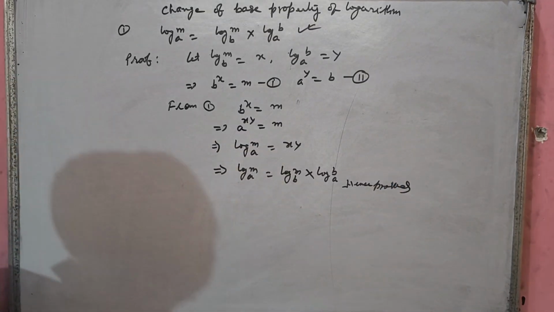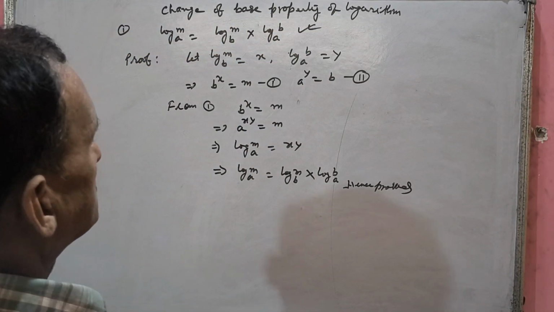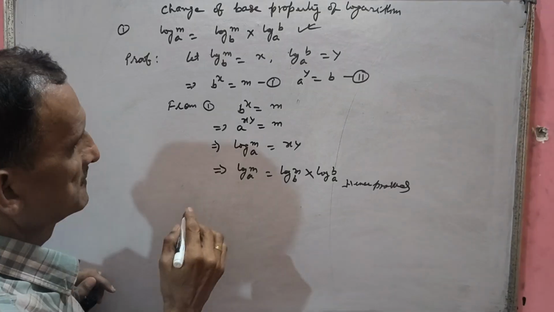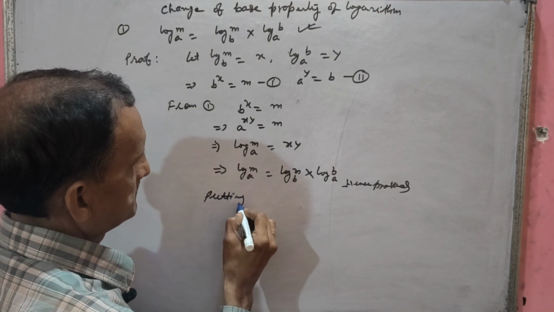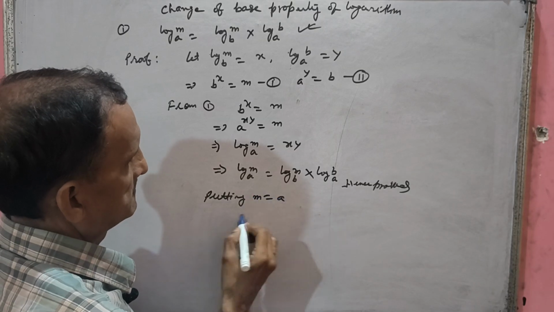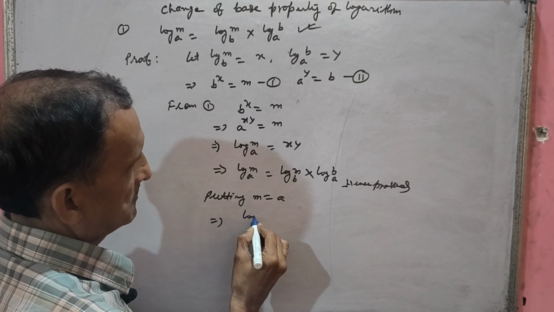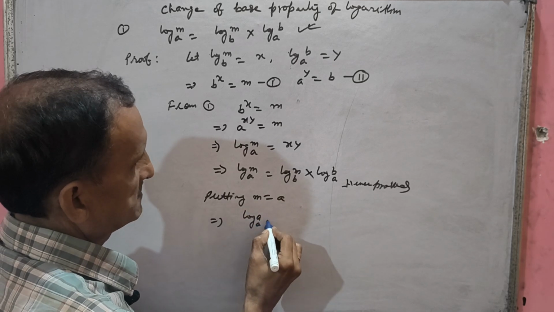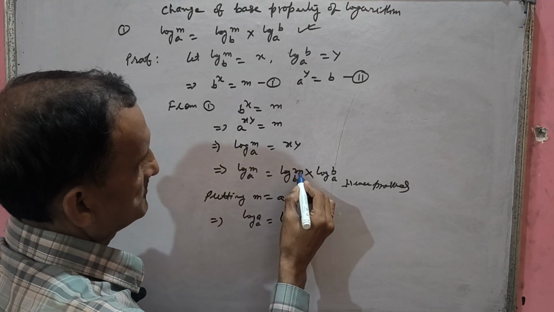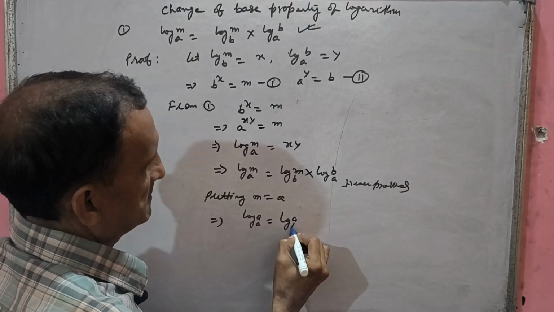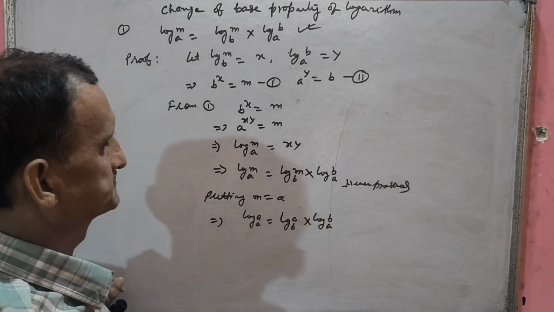Now beginners will ask why it is called the change of base property of logarithm. That we will try to understand. Now put m equal to a. For m we are going to write a. So what will be here? Log a to the base a is equal to log a to the base b into log b to the base a.